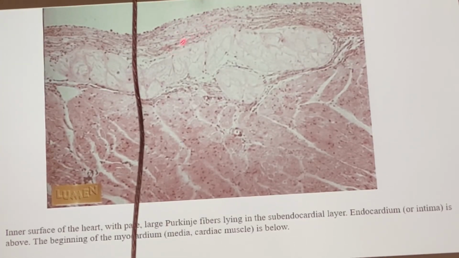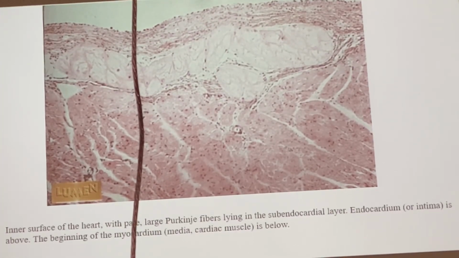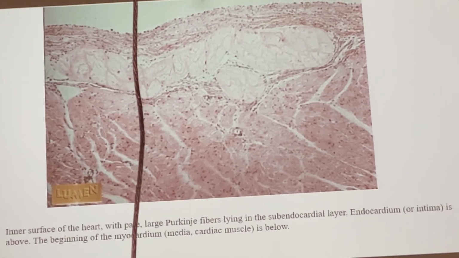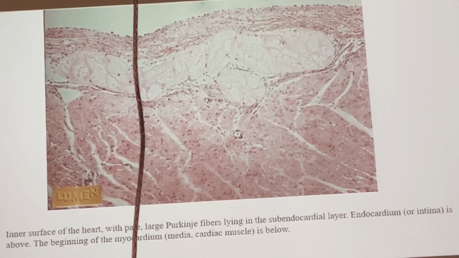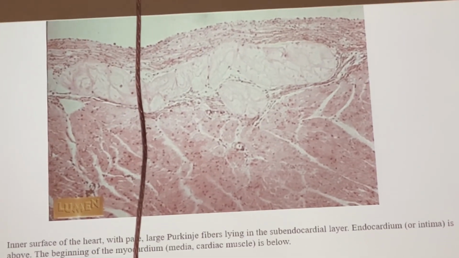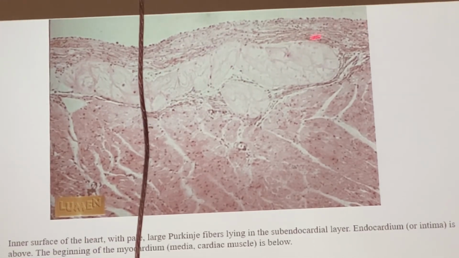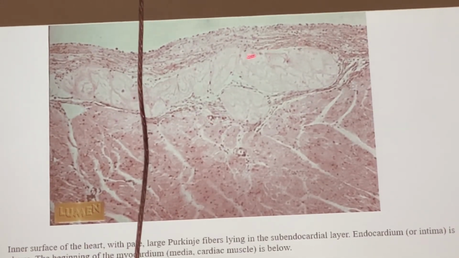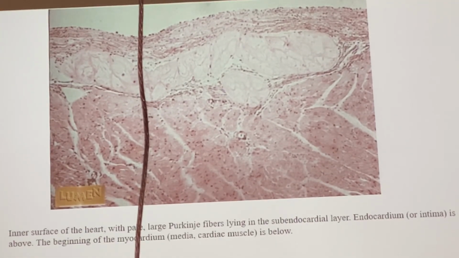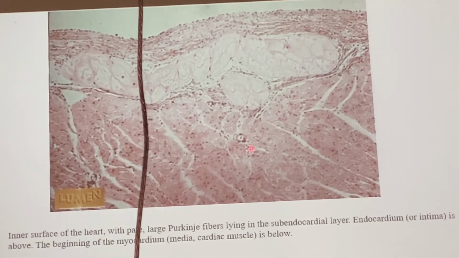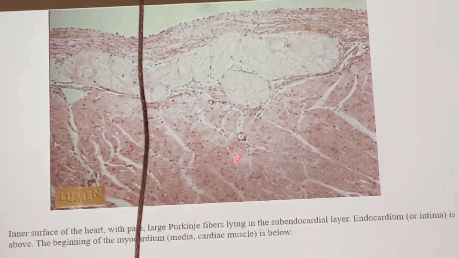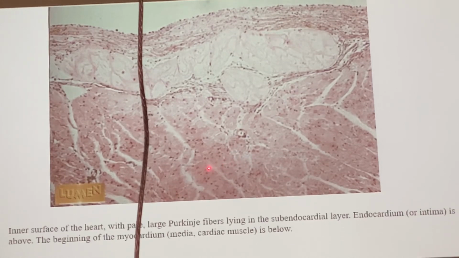This is the endocardium, and this is the subendocardial region. The characteristic feature of the subendocardial region in the ventricles is the presence of the Purkinje fibers, and this is a bunch of Purkinje fibers located in the endocardial region. And these are the cardiac cells, myocytes.